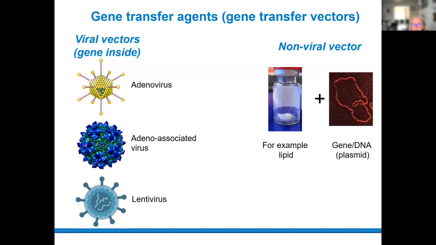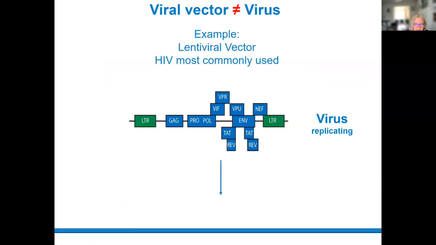When we talk about non-viral vectors, these are generally much simpler complexes or configurations where we take the gene, which is on a piece of DNA, and we mix this gene with, for example, a lipid. So just a simple fat particle, and this fat particle helps the DNA to enter cells. Now, viral and non-viral vectors have a lot of disadvantages and advantages that I don't have time to go into, but I'm happy to answer questions about later.